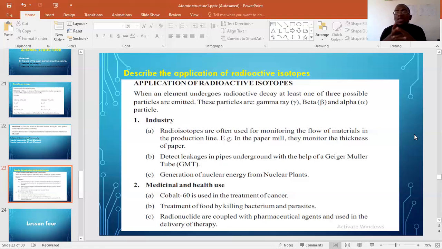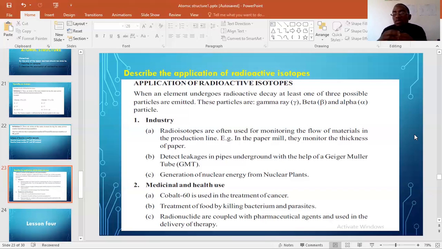Again, you can use the same radiations to deliver therapeutic agents. If you want to deliver medicine to the affected area, you can also use the same radiations to deliver therapy in the biological body system. They are also used in the treatment of food.